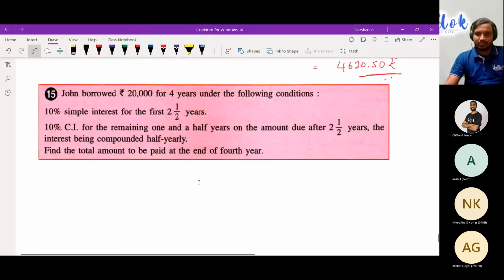You'll be given 3 minutes to solve this. So for the first 2.5 years, it's simple interest at 10%.